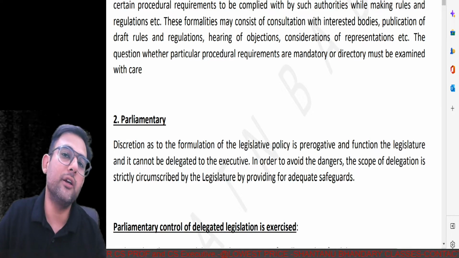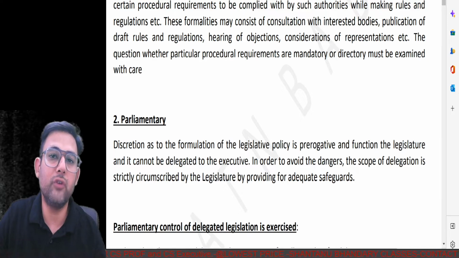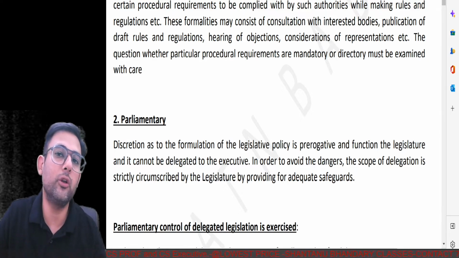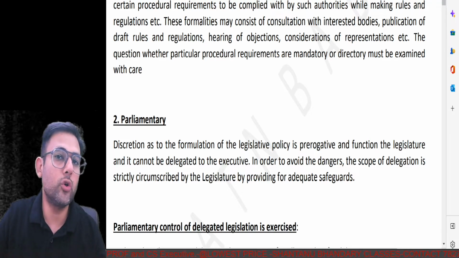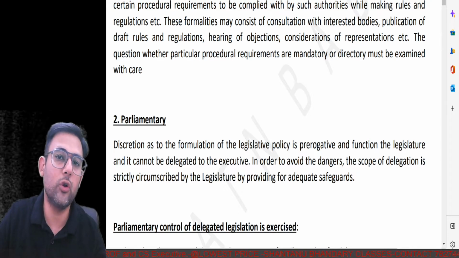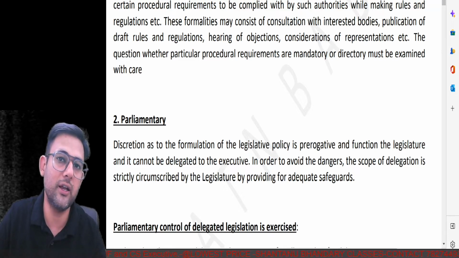So all we are trying to do is make sure that the executive functions for the betterment of the society, the community, and the stakeholders. The executive should not make any kind of misuse of the powers. They should always try to function within the capacity or the delegation limits that have been sanctioned to them.